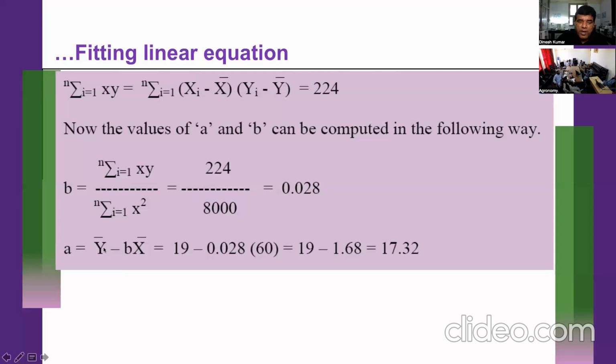We know the mean value of y, value of x bar, we put the values here, and this is our value of b. So you get 17.38. 17.38 is the value of a, which is the intercept, meaning yield at control. And friends, this is the predicted yield at control, which is known as intercept.